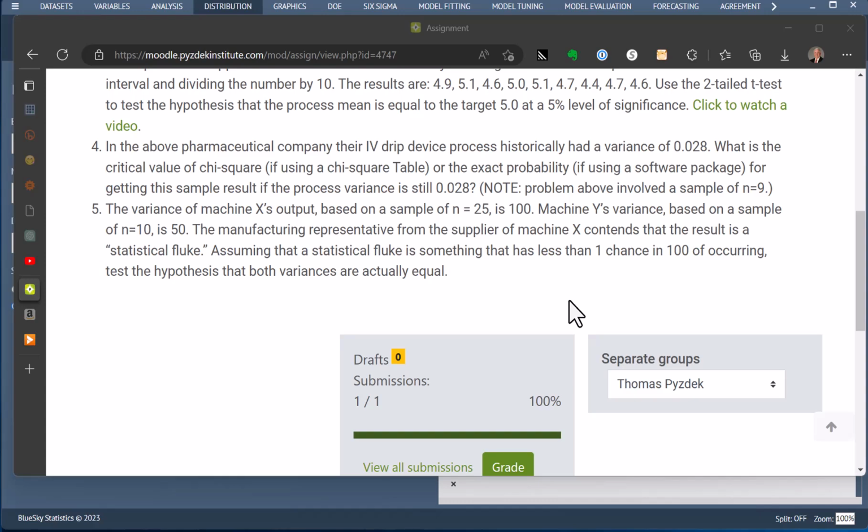Assuming that a statistical fluke is something that has less than 1 chance in 100 of occurring, we're going to test the hypothesis that both variances are actually equal. Now notice that machine X has a variance of twice what the variance is of machine Y. So we want to test the hypothesis that the variance from this sample, even though it's double, is not statistically meaningful.